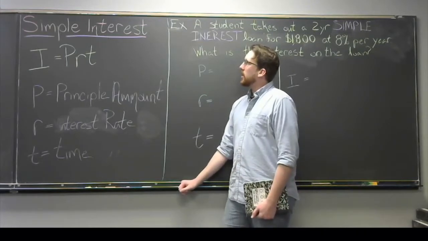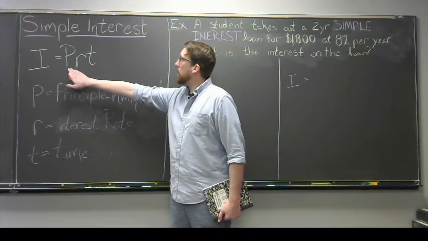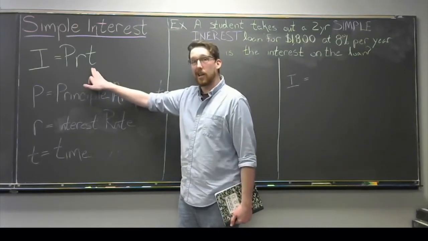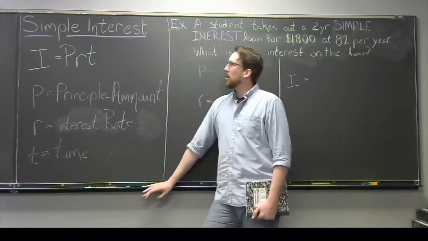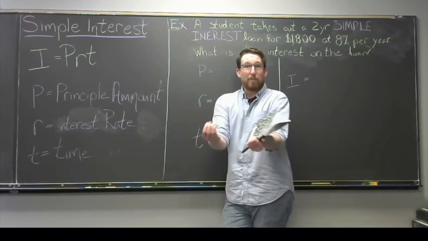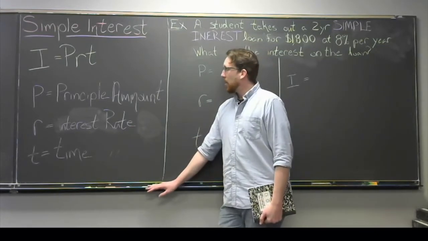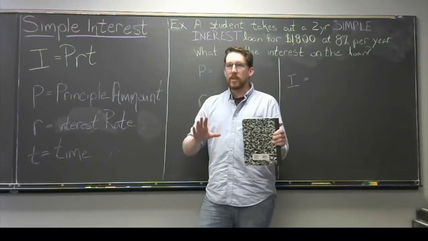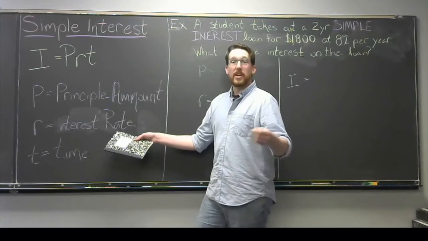So interest, in the case of simple interest, is calculated by multiplying the principal amount times the rate of interest times the amount of time that is being borrowed for. All right, so what's the principal amount? Well, the principal amount is whatever you're pulling out or you're putting in. The rate of interest, usually, more often than not, it's in terms of years.